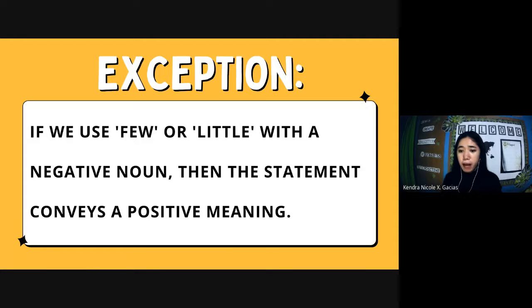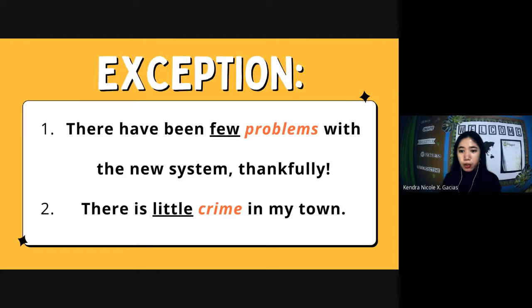So let's go back to our examples earlier. The first one is, there have been few problems with the new system, thankfully. And the second one is, there is little crime in my town. In number one, the noun we used is problems, and problems are something that we do not want, right?